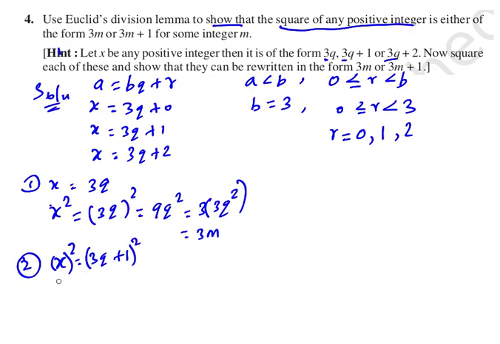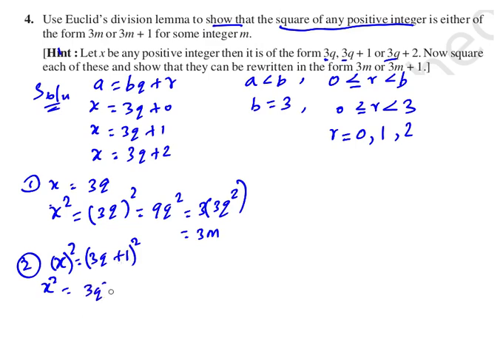So what will happen? x square equal to, this side it is like (a plus b) the whole square. So a square plus b square plus 2ab format we have to write.